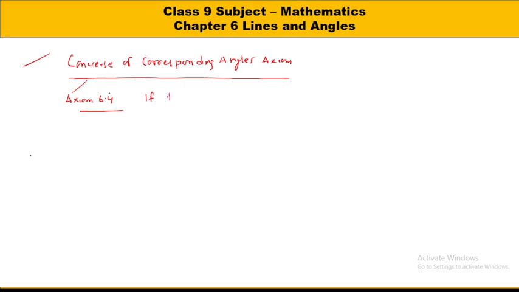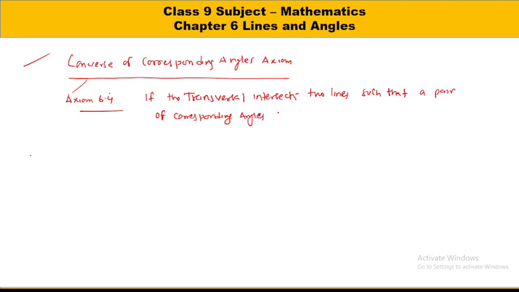The statement is: if a transversal intersects two lines such that a pair of corresponding angles is equal, then the two lines are parallel to each other. This is your converse of the corresponding angle axiom.